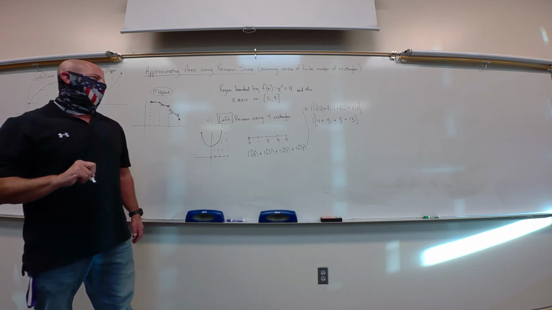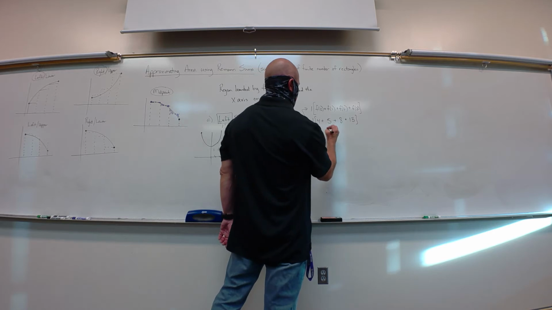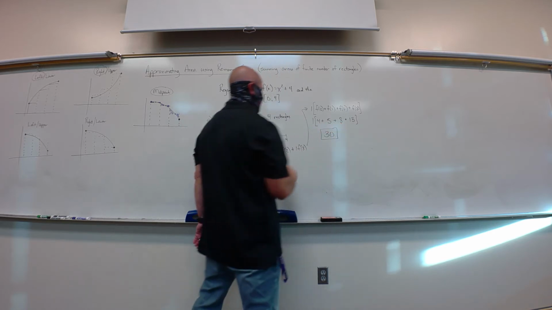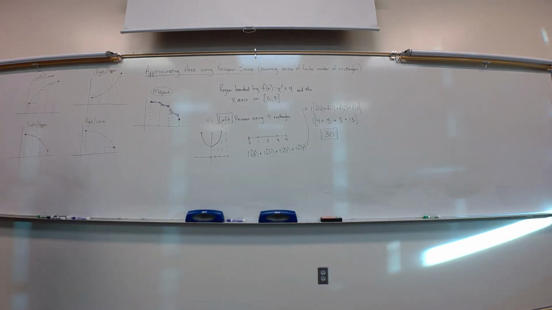Let's see, what would that be? 9, 8, 7, 30? Does that sound right? Yes. Yeah, 30. So 30 square units would approximate the area under that curve using 4 rectangles from that left side. Are you okay there? Yeah.